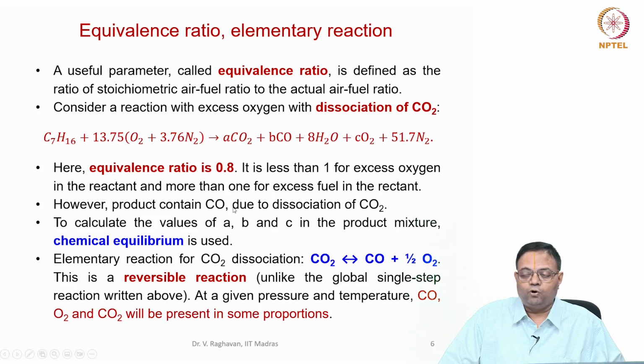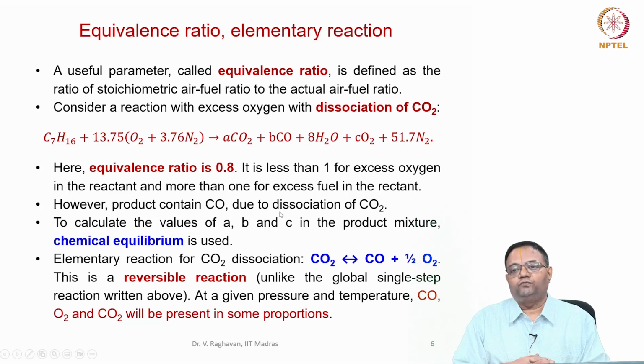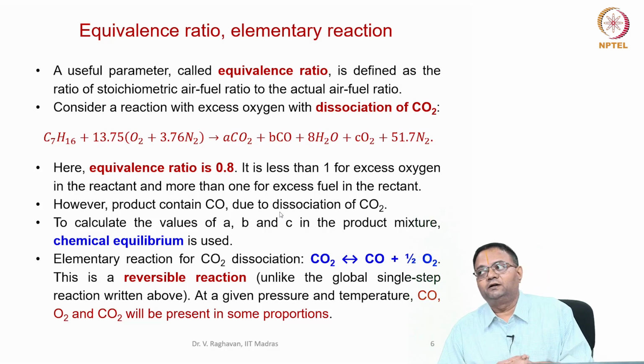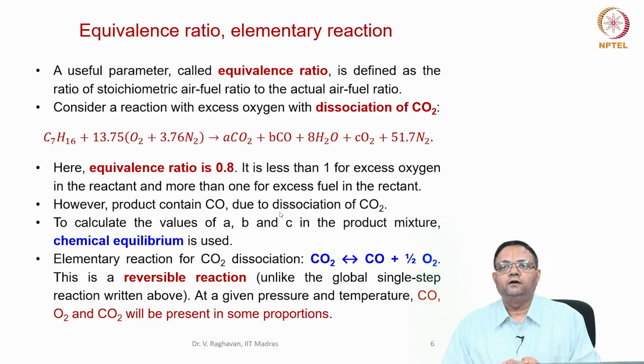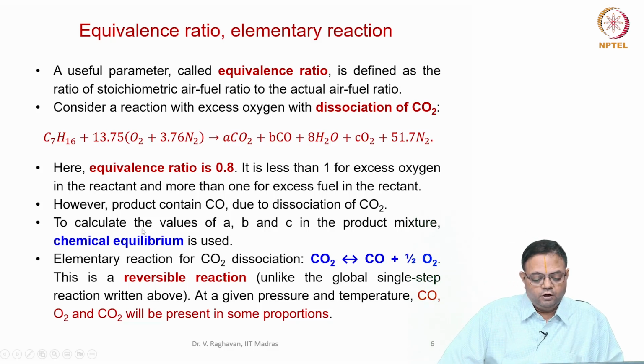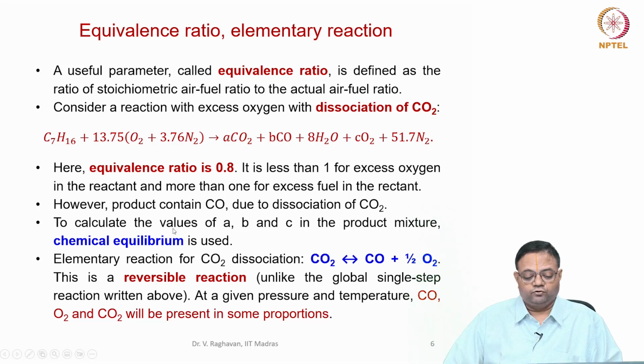But this CO is not due to incomplete combustion or due to insufficient oxygen or oxygen starved condition. This CO is due to the dissociation of CO2 because the temperatures are quite high, say more than 1900 Kelvin and so on. So to calculate the values of A, B and C in the product mixture, a concept called chemical equilibrium is used.